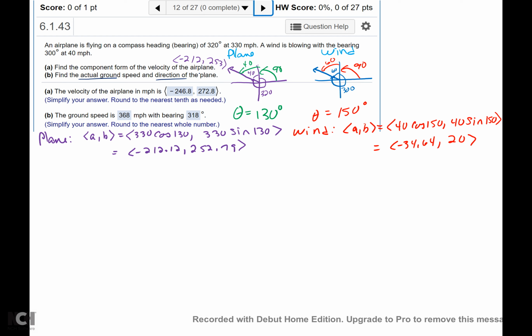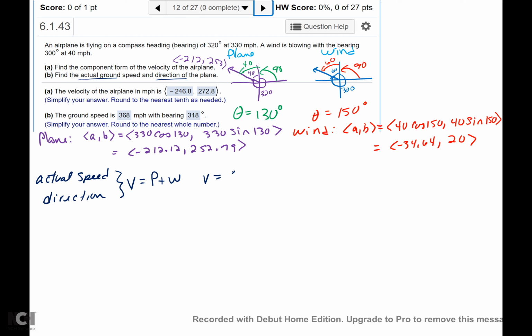So to get the actual speed and direction, we are going to basically add those two components. So that vector will be the plane vector plus the wind vector.